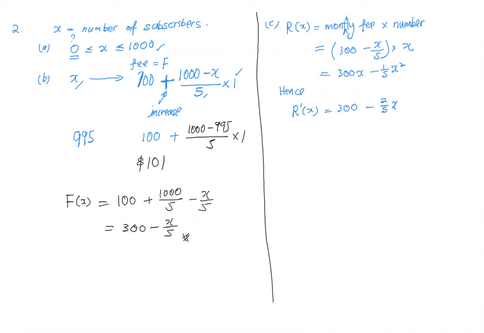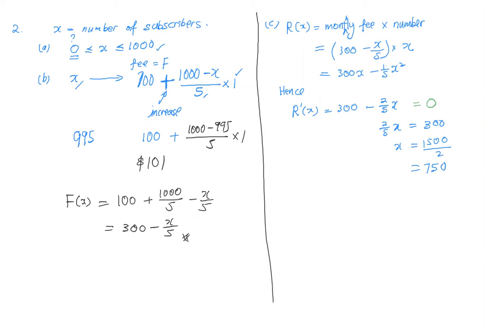After you differentiate, you equate to 0. So here you get 2 marks. Then you solve for x. So your x is equal to 750 subscribers.